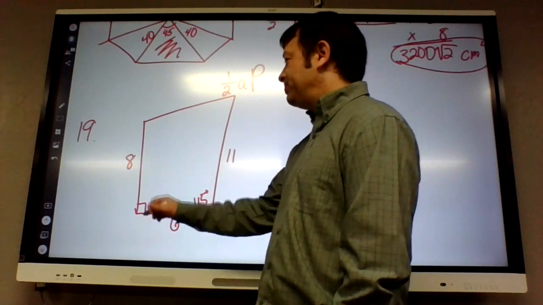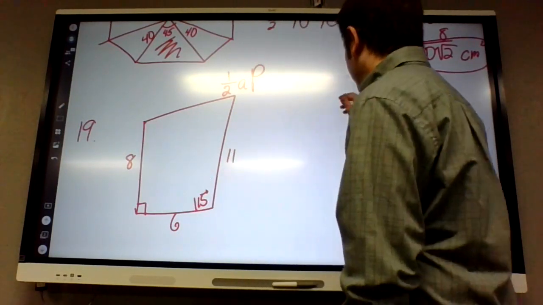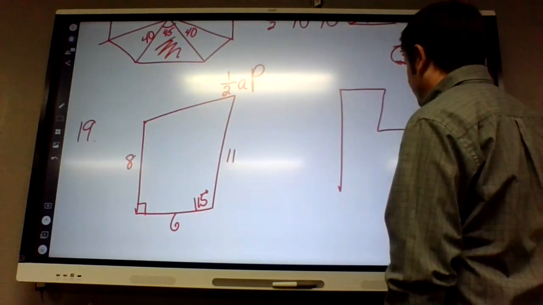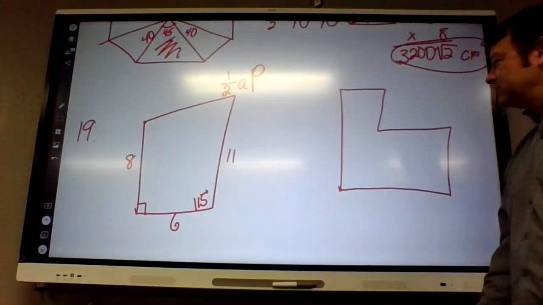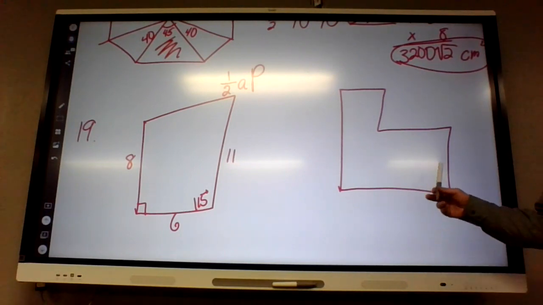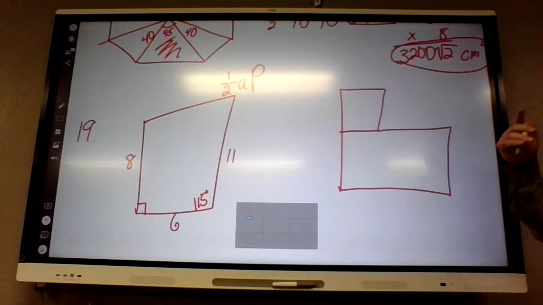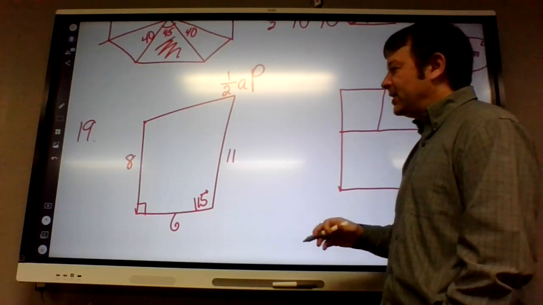Well, you probably just have to play around with it for a while to figure it out. Remember when we find the area of some odd shape like this? How do we do that? Right, you cut it somehow and then find the area of the two rectangles and add them together. Okay, that's kind of the idea here.